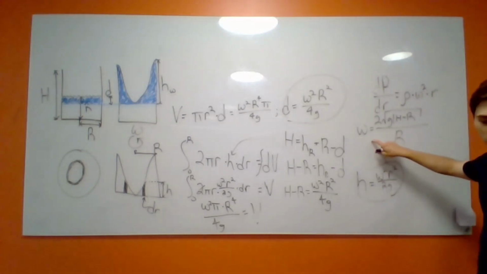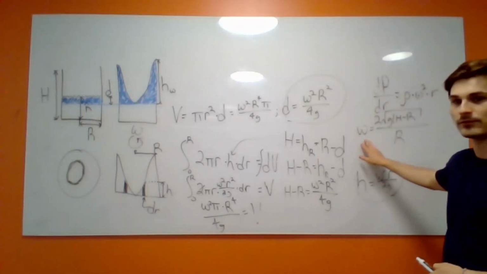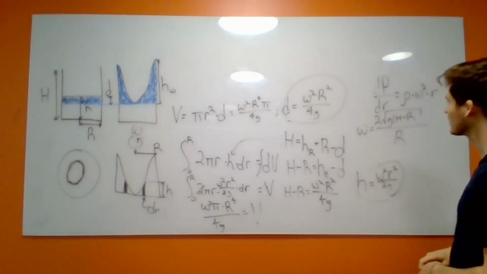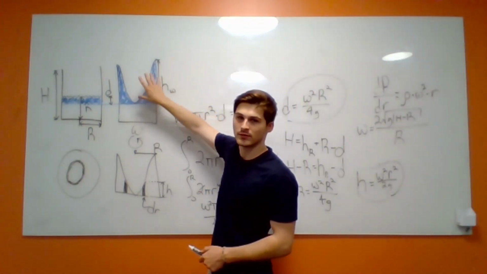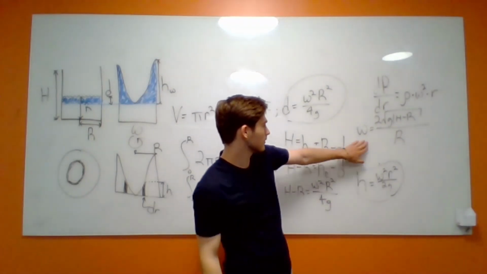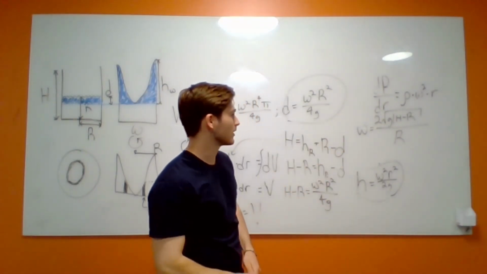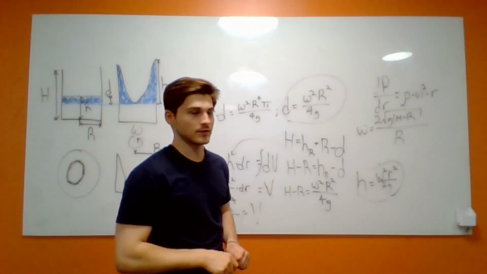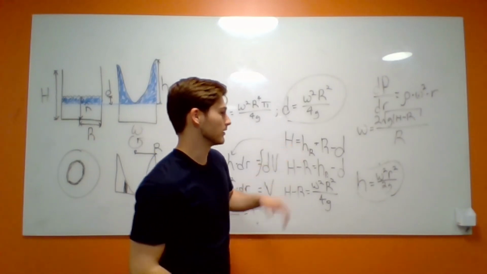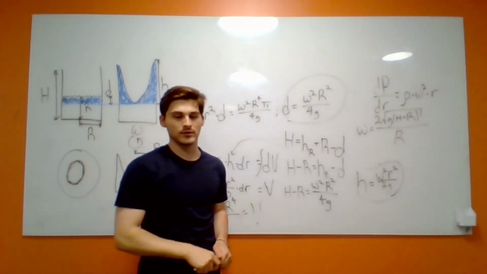So this is our equation here to solve for the maximum angular frequency of our liquid, so that the height of the liquid just equals the height of our tank. And it's defined as angular frequency being equal to 2 times the square root of g, the force of gravity, times the height of our tank minus the radius of our tank, all divided by the radius of our tank.